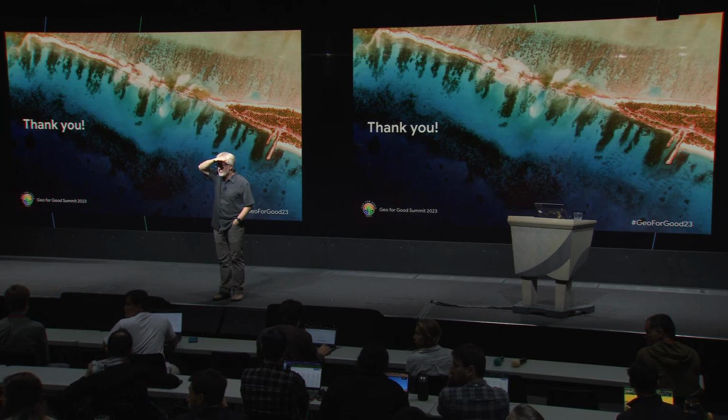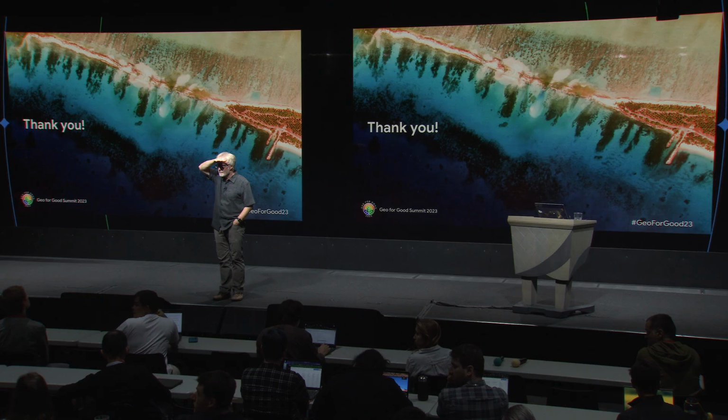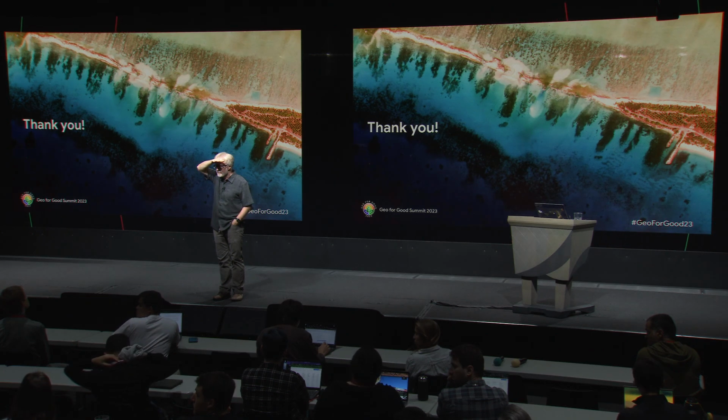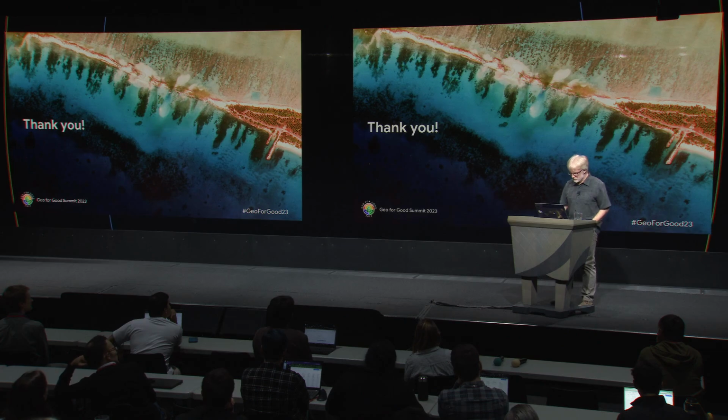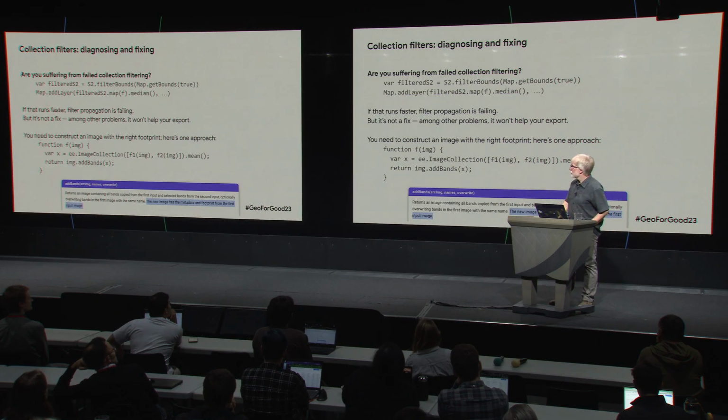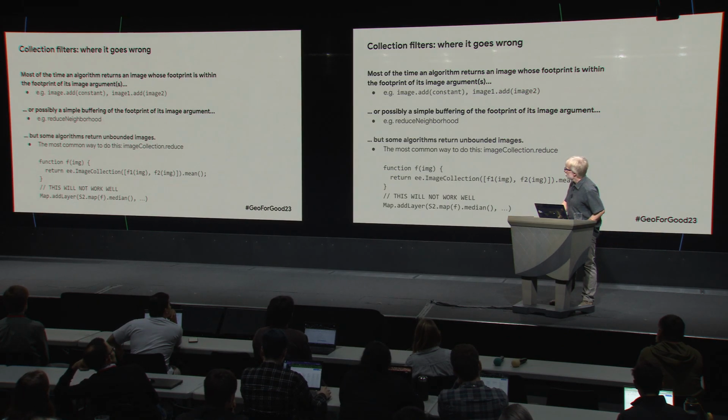Wondering if you could go back and explain that filtered collection slide one more time, where you filtered the bounds twice. You set a variable and then you pass that variable to the filter bounds function. This one.